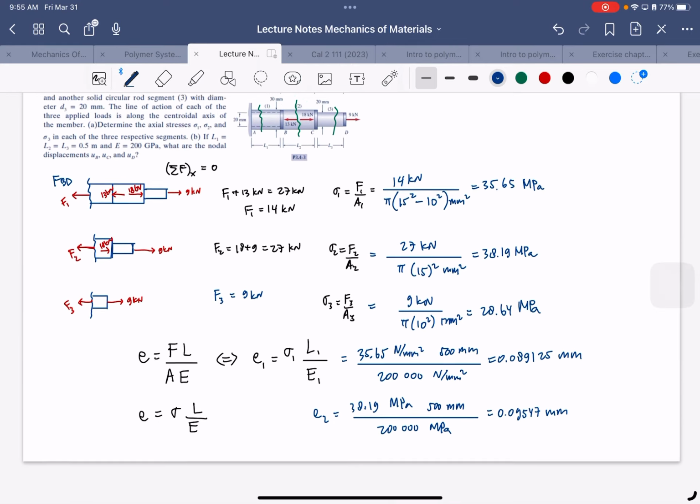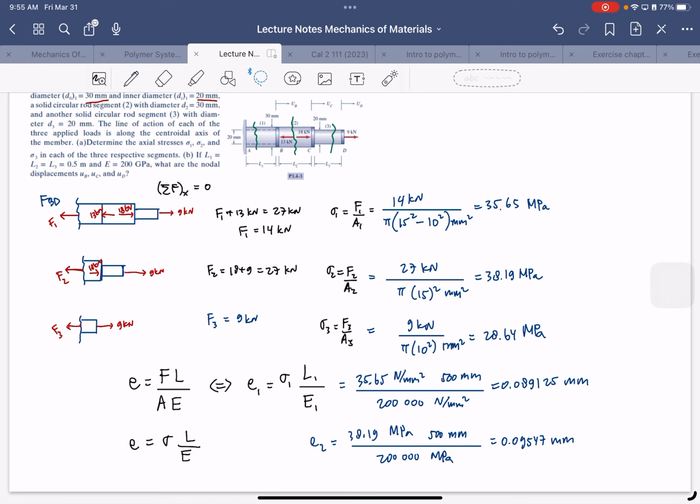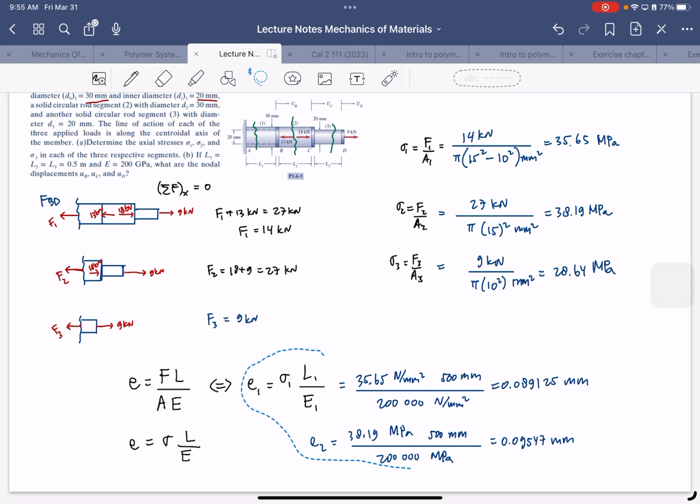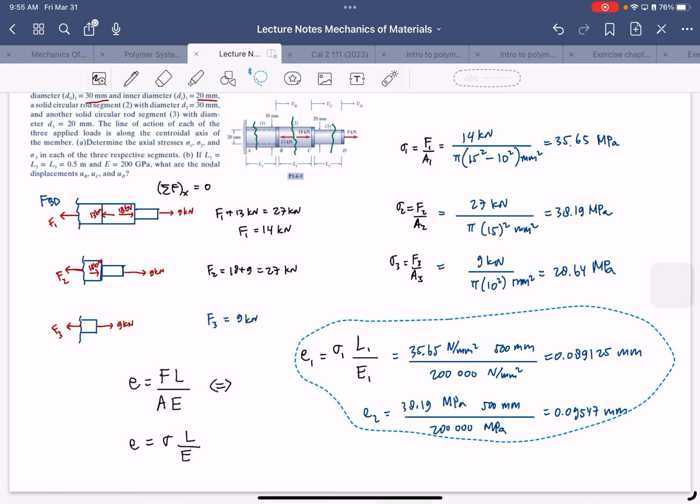Let me move this part over about there, and this part there.